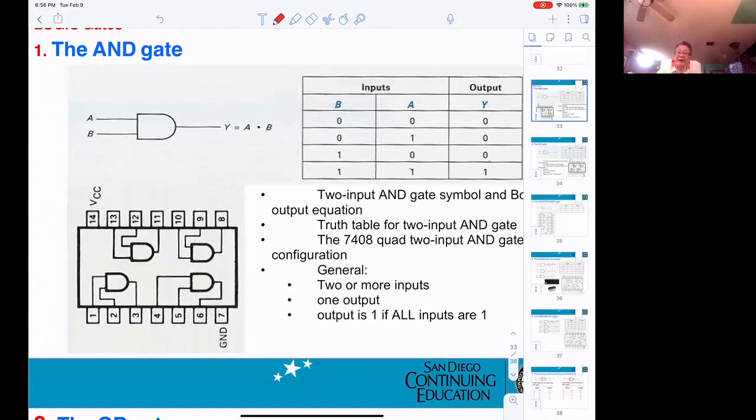The first one, the gate will be the AND gate. When you see the symbol here, then you must know this is the AND gate.